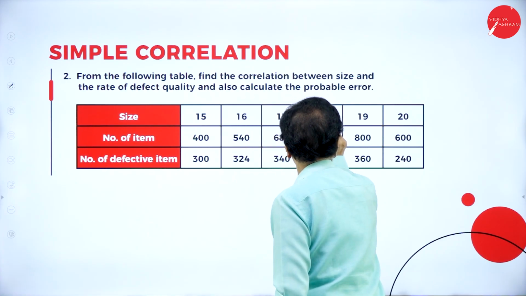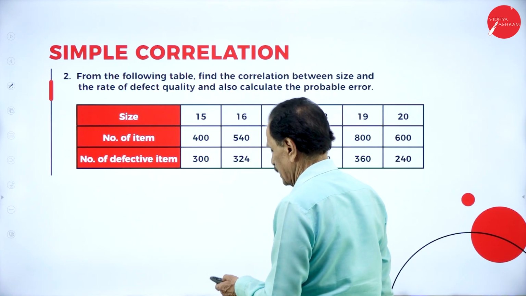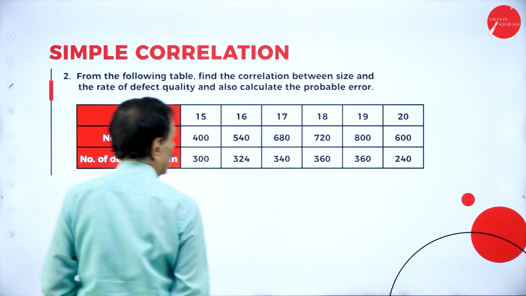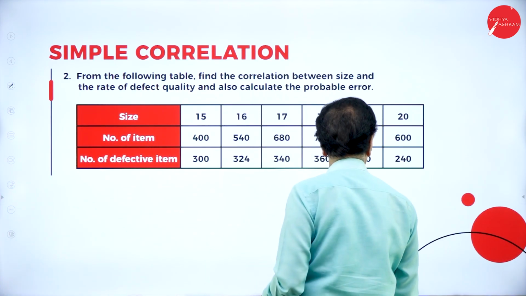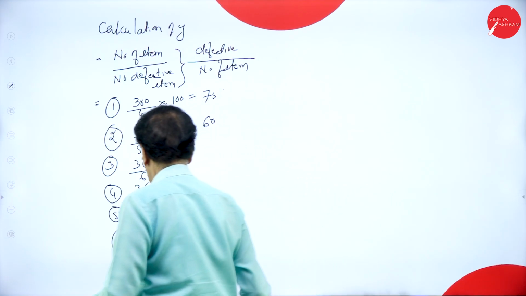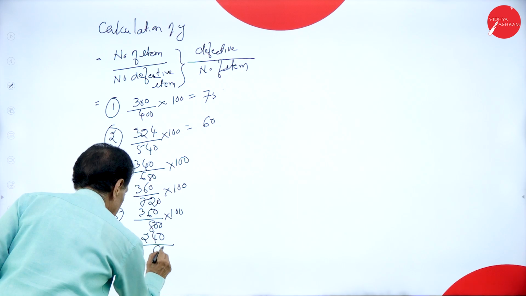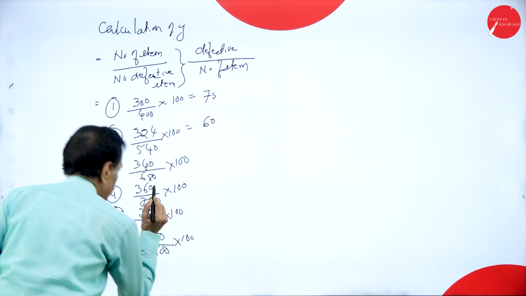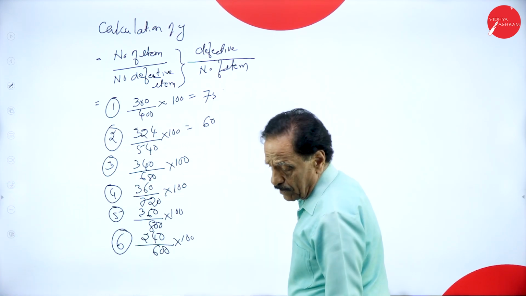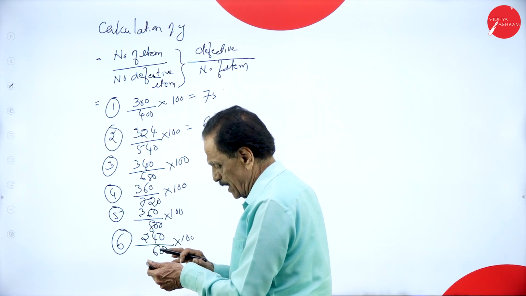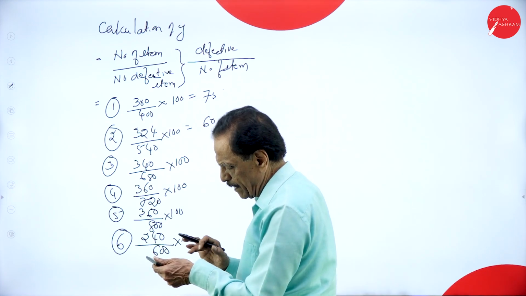1, 2, 3, 4, 5, 6. Then the sixth one, the last one, 240 divided by 600 into 100. Now we'll calculate. 340 divided by 680 into 100 is 50.